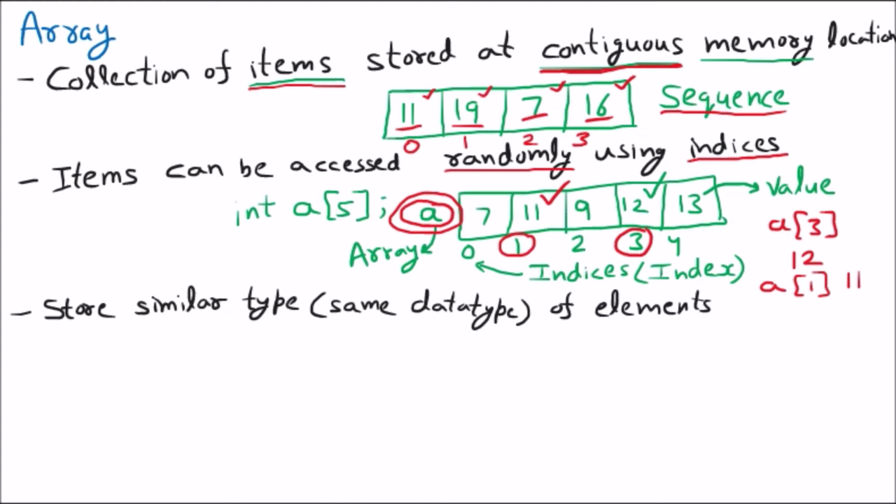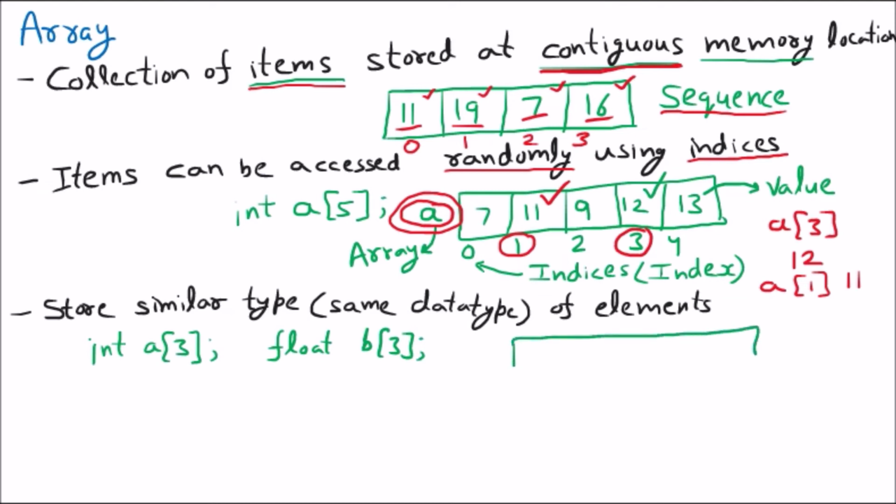I'm taking one example to make you understand. I can say that int a[3], that is possible. That means it is taking three elements of integer type. I can say that float b[3], that will take the three elements of float type.